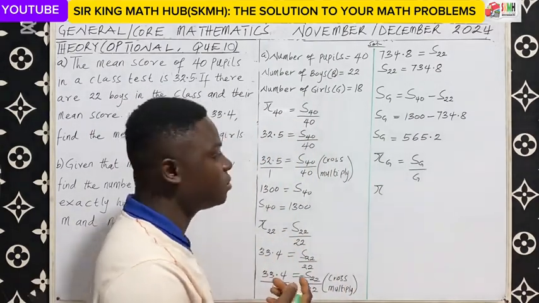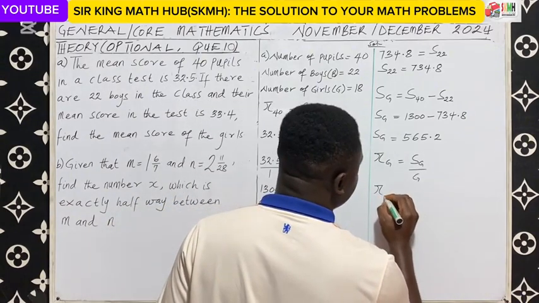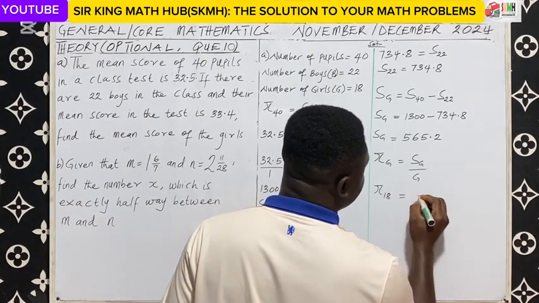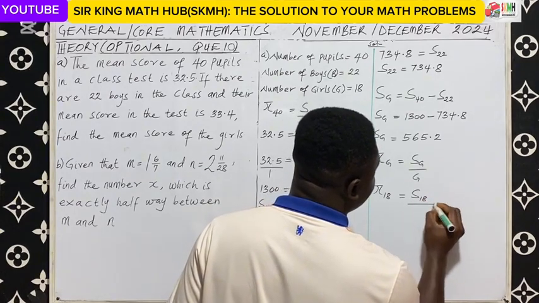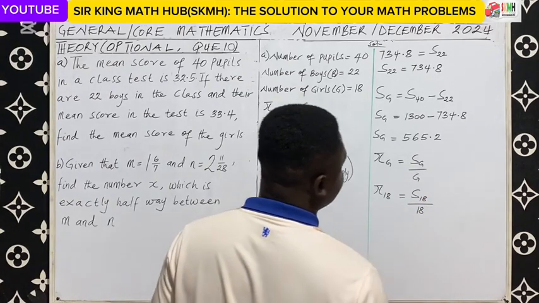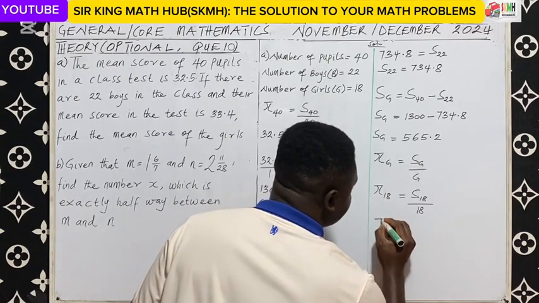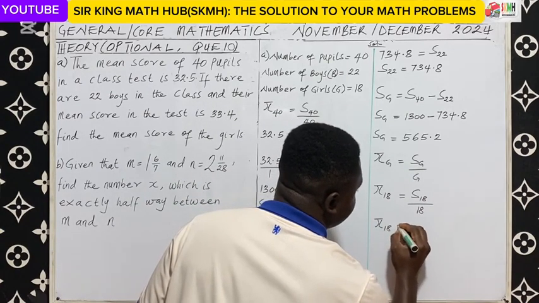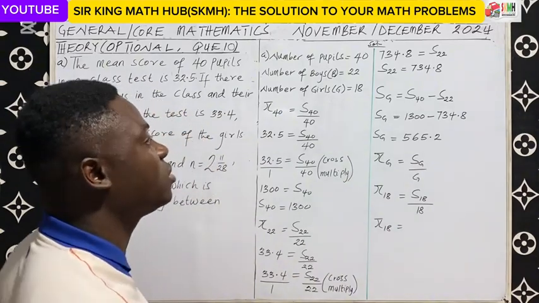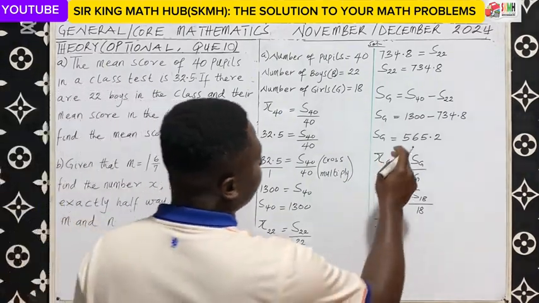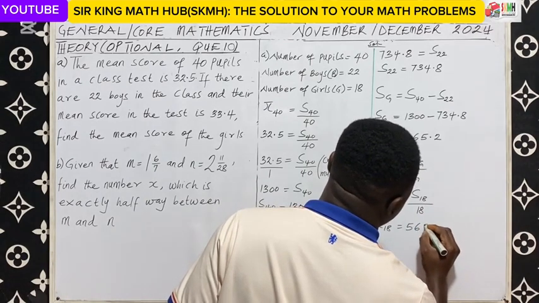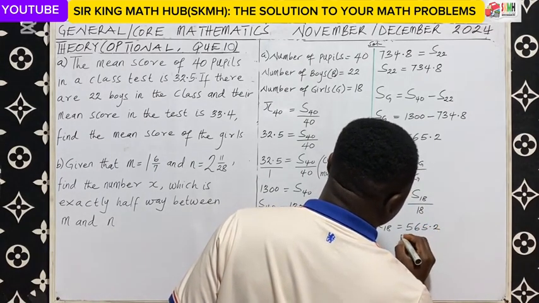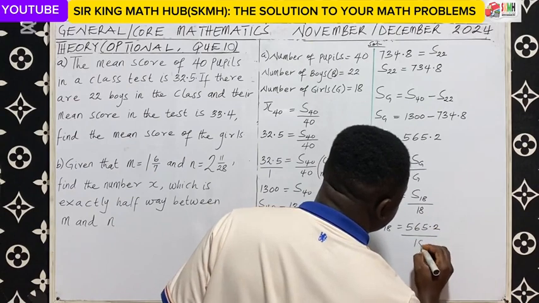There are 18. So the mean score is the sum of the individual scores of the girls divided by the total number of girls in the class. So what is the sum of the individual scores of the girls in the class? We had 565.2 divided by 18.